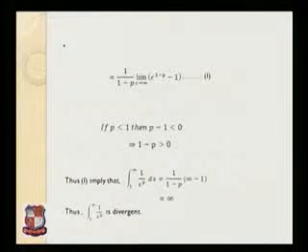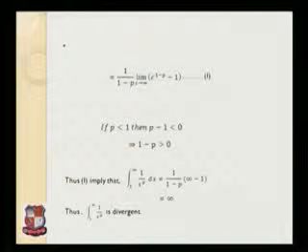Next, applying the limit, we have 1 upon 1 minus p into limit c tends to infinity of c raised to 1 minus p minus 1. Say this is equation number 1. Next, we consider two further cases. In case 2 we have taken that p is not equal to 1.